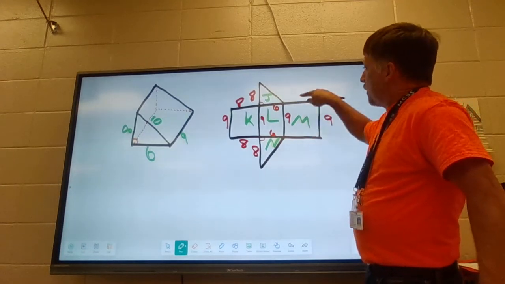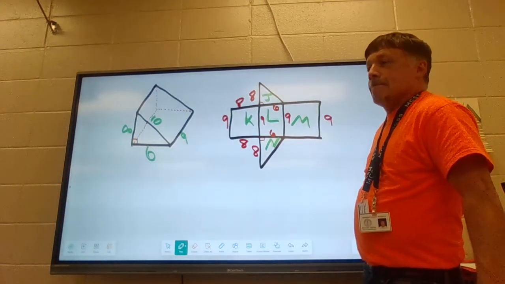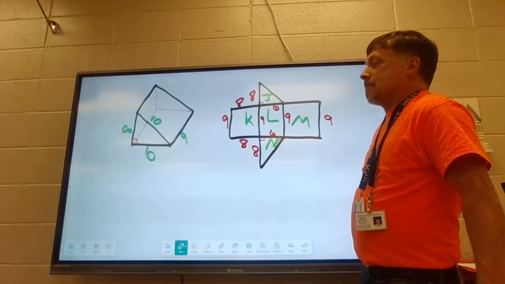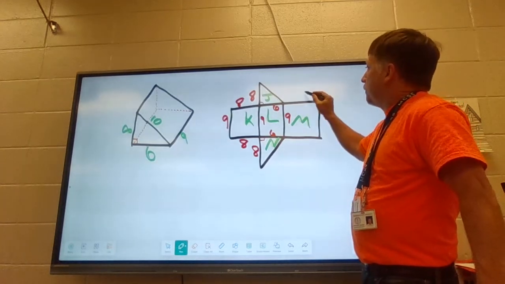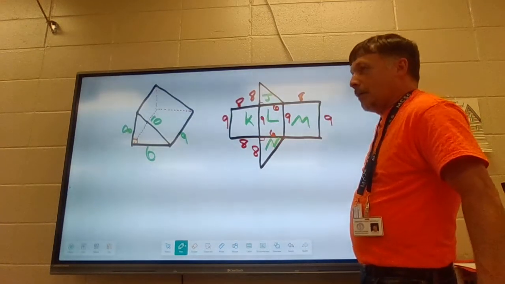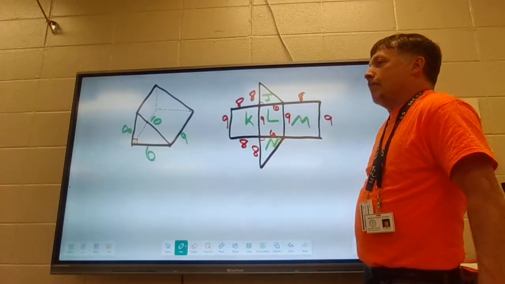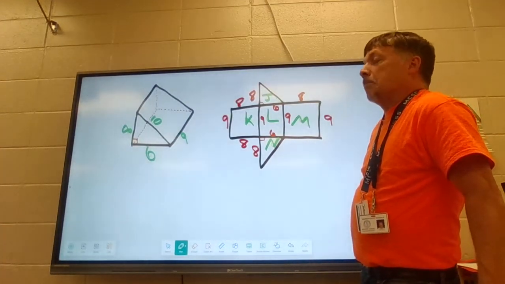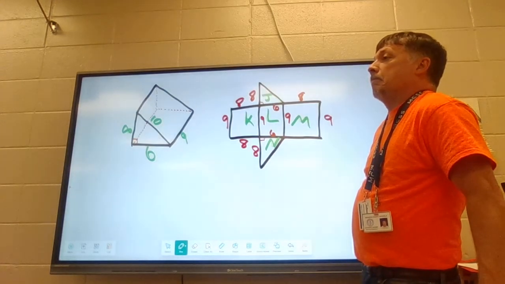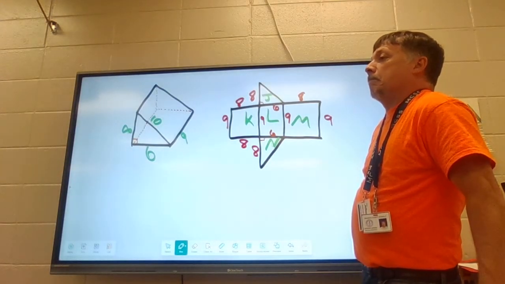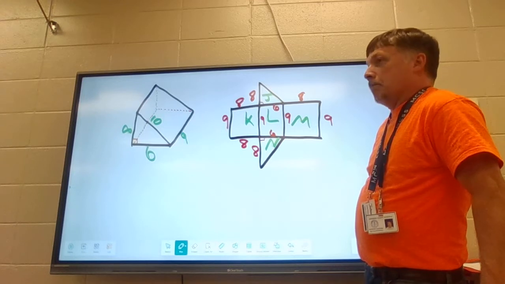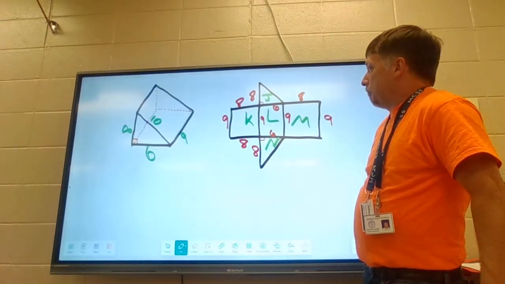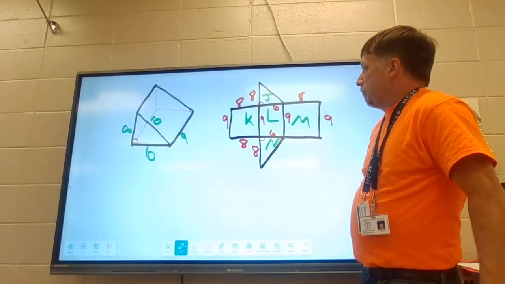I need to know these two sides right here. Okay, based on what? What information tells you that's 8? Well, for the N, it says that it's 8, like when it goes down.